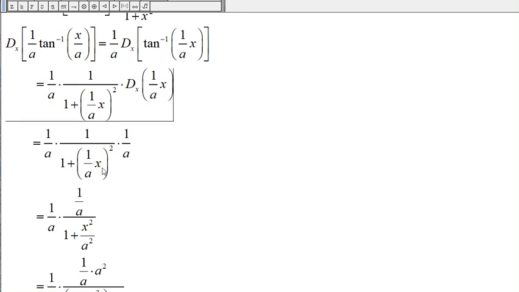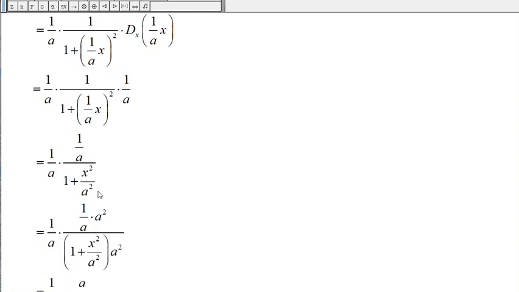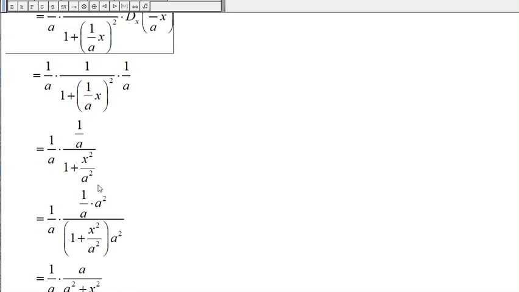And then 1 over a times x squared, we can write as x squared divided by a squared. And now let's multiply the top and the bottom by a squared.